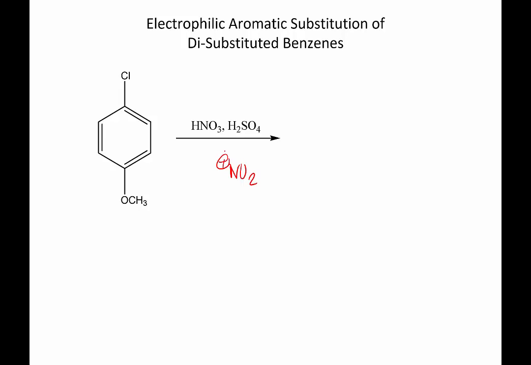I've got two positions, A and B, because whether it's on the A right or A left, it gives me the same product. So where's my NO2 plus going to add? Is it going to add to A? Or is it going to add to B?